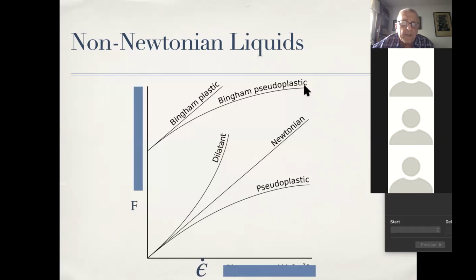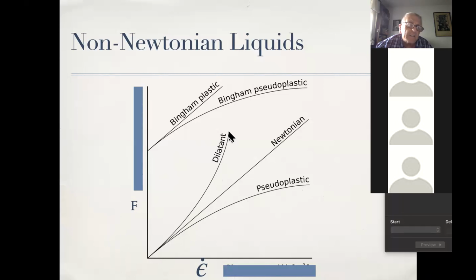Here I have shown you a few of the relations. The rate of deformation I denoted by epsilon dot, which is some convention. This is the force. This is our normal water and most of our Newtonian liquids. But when the force goes on linearly, but then becomes saturated, it's called a pseudoplastic.